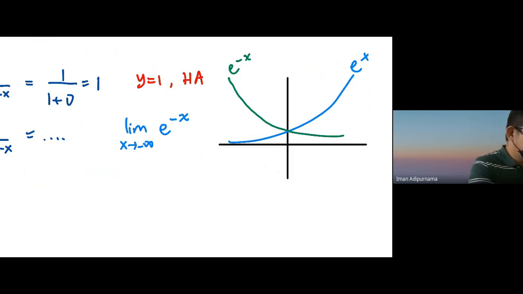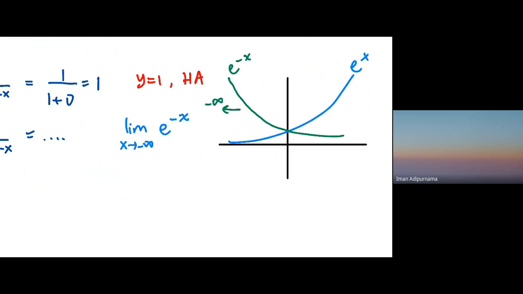So you will see when x is approaching negative infinity, when x is going here, it's going to infinity, right? But when x goes to infinity, it's going to 0, right? So that's why this one here, when it's going to infinity, it's going to 0.